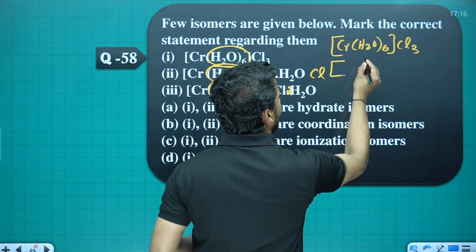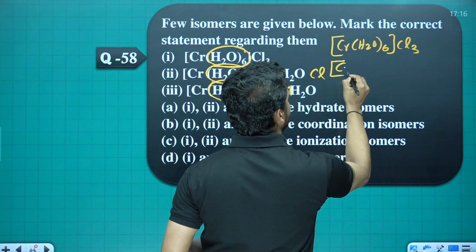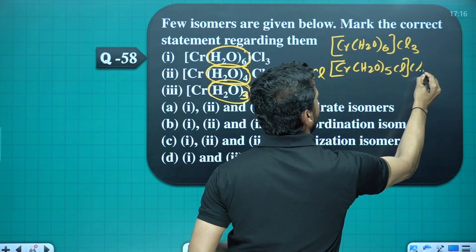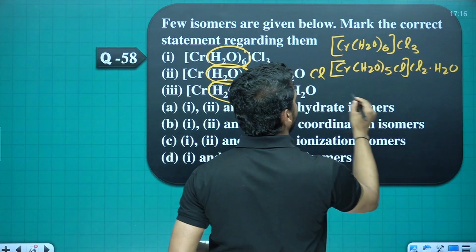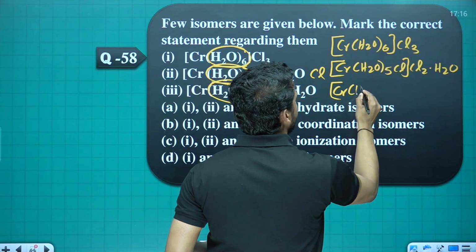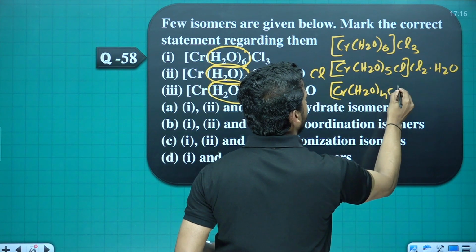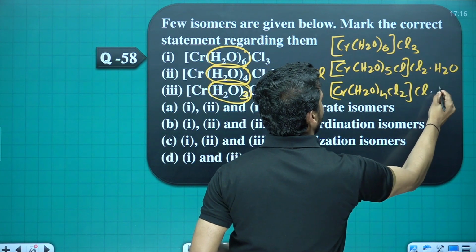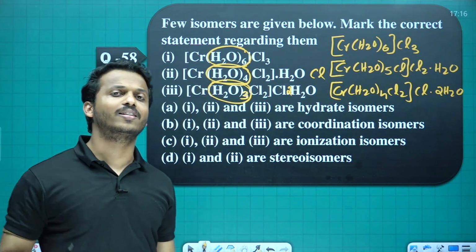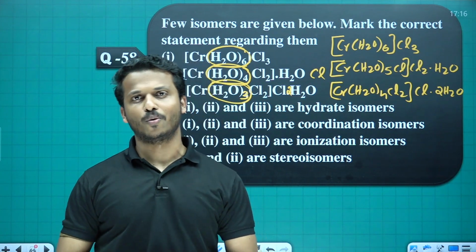Now let me place one H2O outside, one chlorine inside. So Cr(H2O)5 Cl Cl2, one H2O out. Now 2 waters outside, 2 chlorines inside: Cr(H2O)4 Cl2, 1 Cl outside and 2 H2O outside. These complexes we studied under hydrate isomerism.